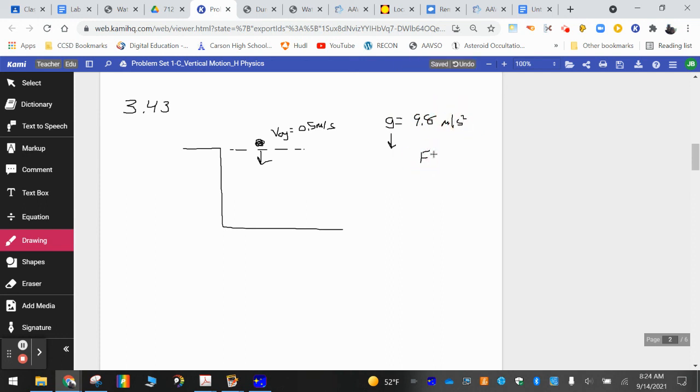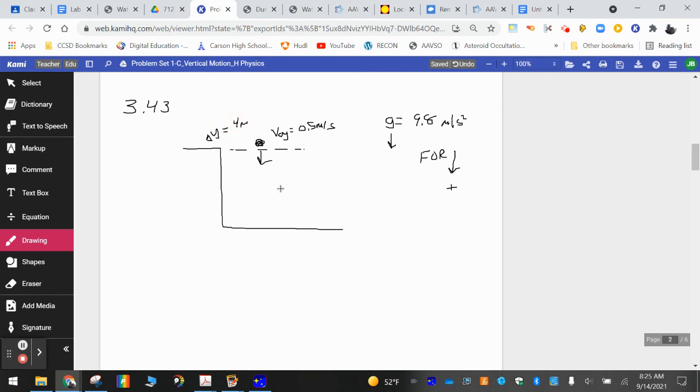So our frame of reference is going to be down is positive. And then it says from a height, so we know that the initial height, YO, or delta y, is 4 meters.